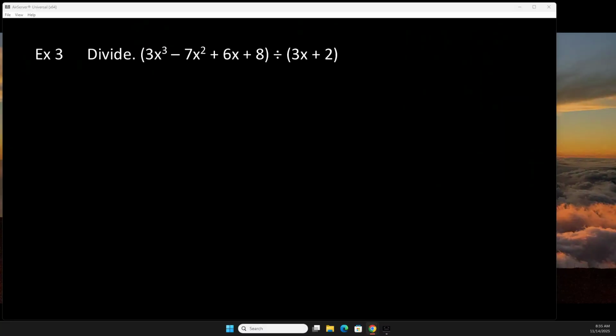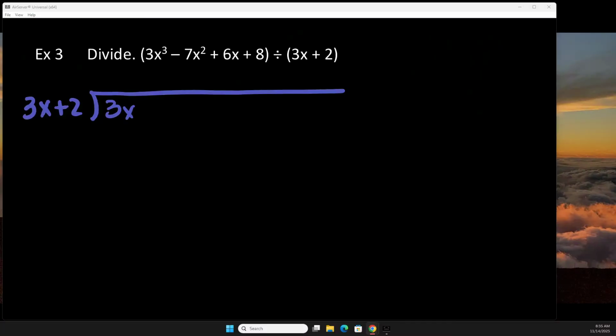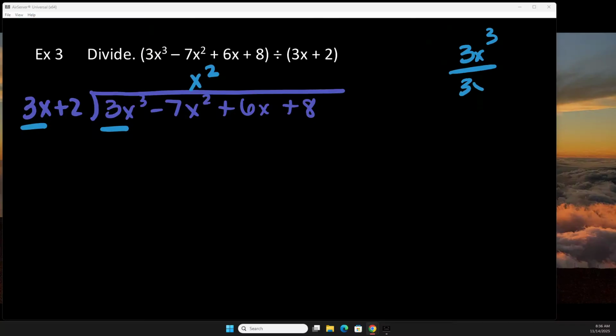All right, so on example 3, we're going to set it up. All right, and then we're going to go through all the steps. So the first step is the divide step, where you either ask yourself, what do you multiply 3x by to get 3x cubed, which is going to be x squared, or you go over to the side and you do the division.